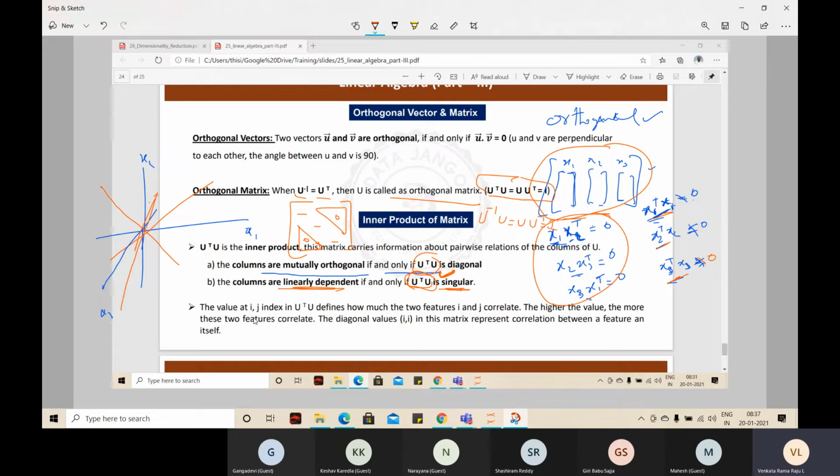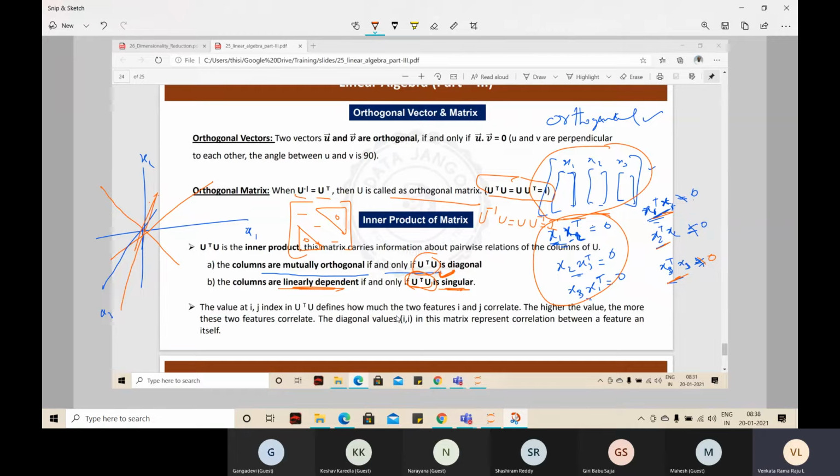We understood the value at the ij index in U transpose U defines how much the two features i and j are correlated. This we saw already, X transpose X or whatever. The higher the value, the more the two features are correlated.